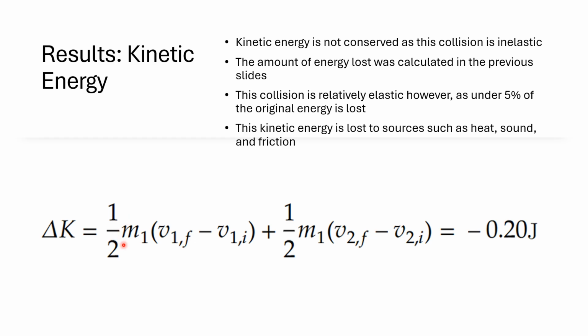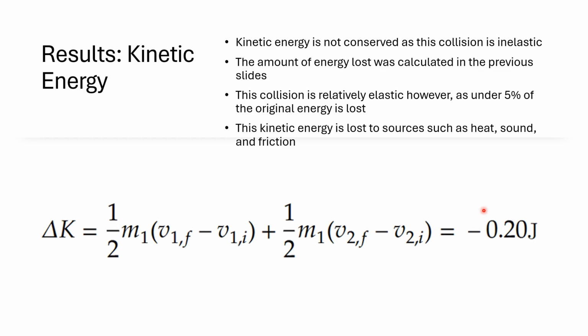If you take M1 V1, oh, these should be squared as well. I missed that in the equations. The calculations are correct, I just missed it in the equations. However, if you look at these calculations, M1 V1F squared and M2 V2F squared are both going to be pretty large compared to this 0.2.